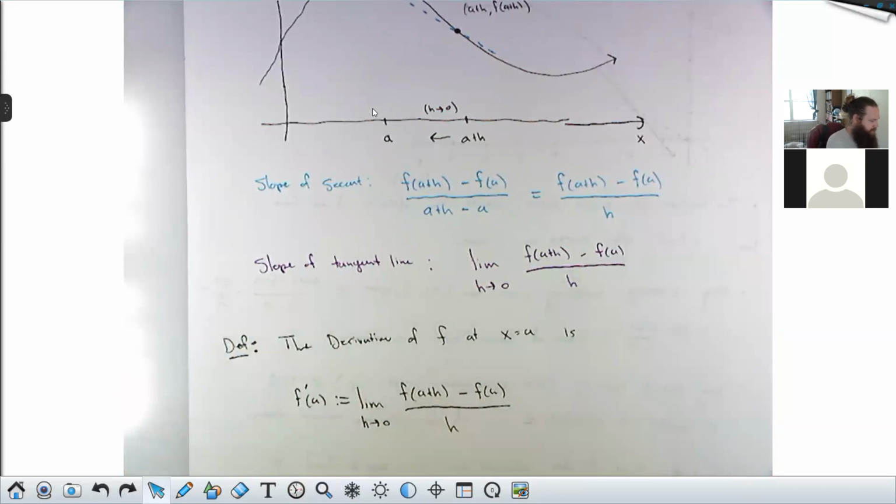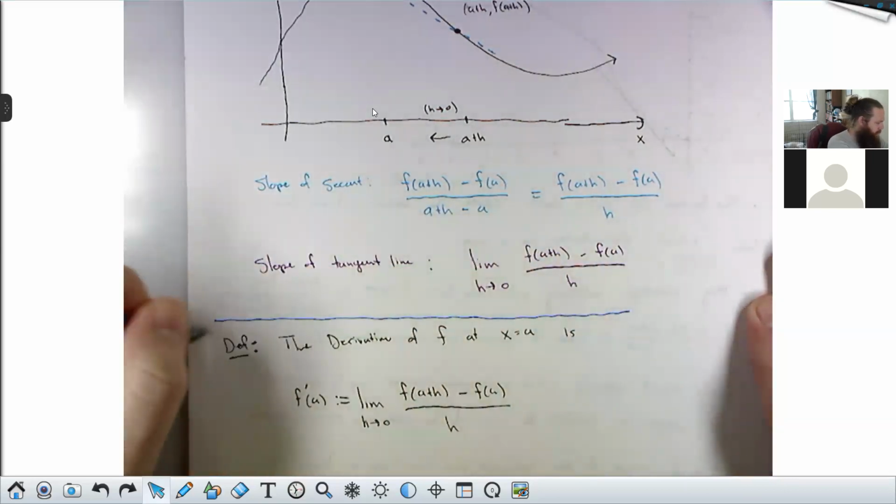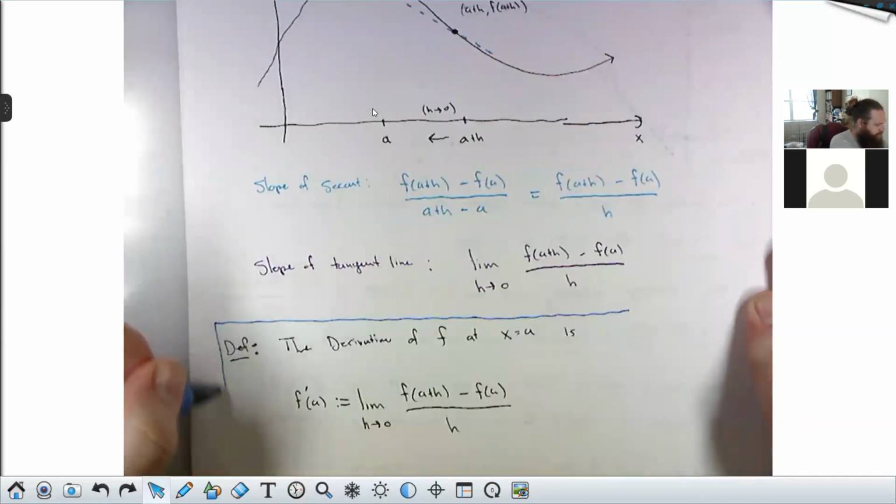This is a nice, handsome, important rule or definition, something we definitely want to save.